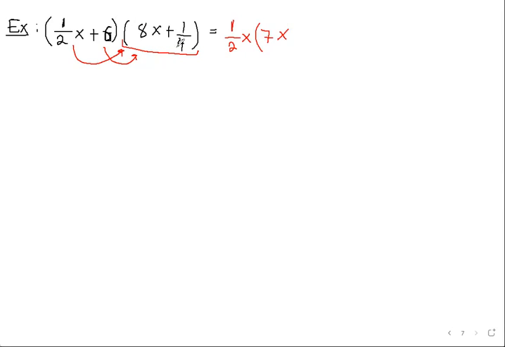So 1/2 x times this thing, 8x plus 1 over 4, plus, again, the 6 times this parentheses.